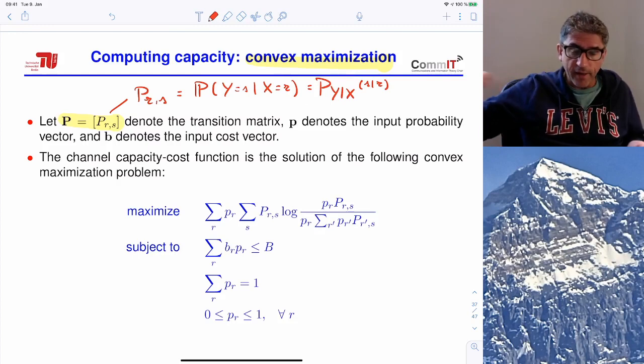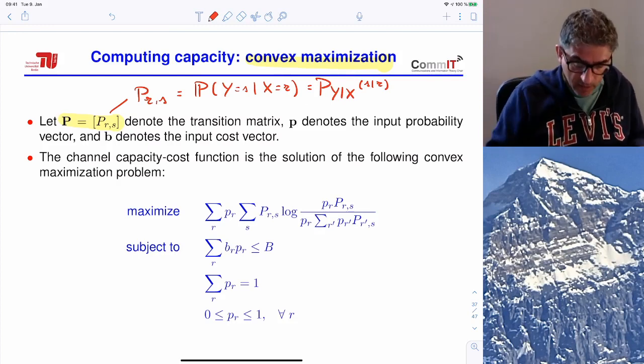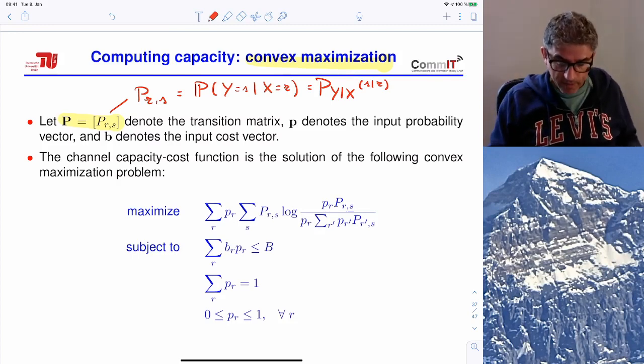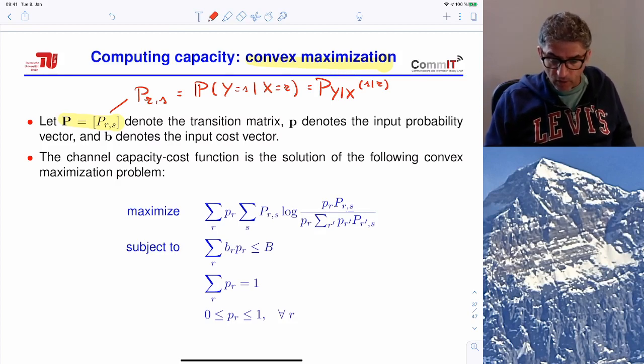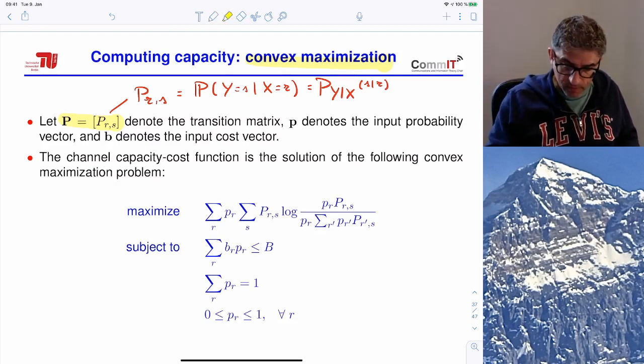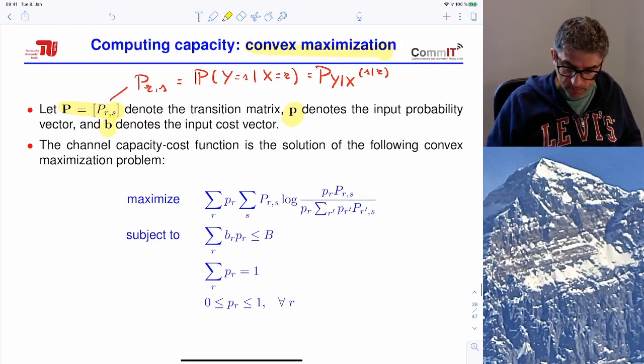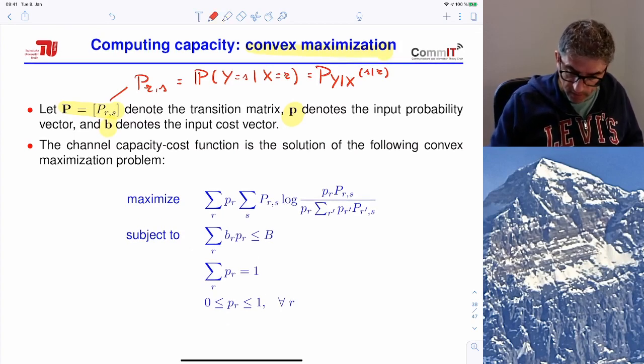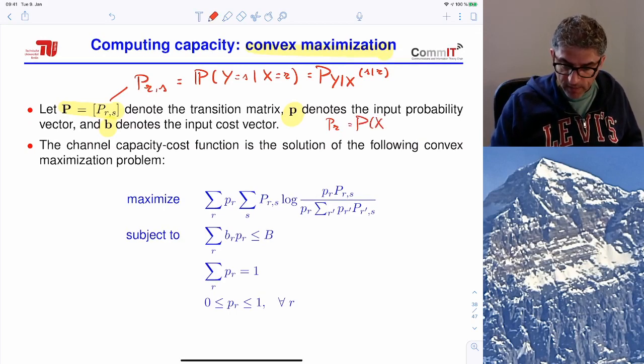We call these integers R and S, and we define this matrix, as we have already done, as the transition probability matrix. Then we have a probability vector of the input, P, and a cost vector B, where P_R is the probability that X is equal to R, and B_R, the R-th component of B, is simply the function B applied to the R-th letter of the alphabet.